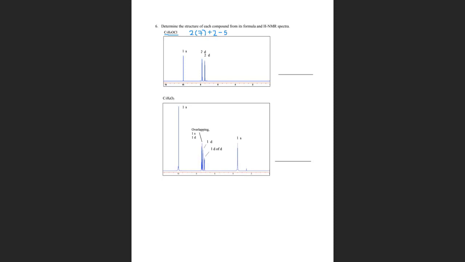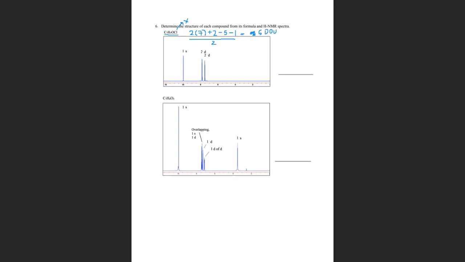We also have a Cl, which counts as X. So we would do minus 1 there as well. All of that over 2 gives us 5 degrees of unsaturation.